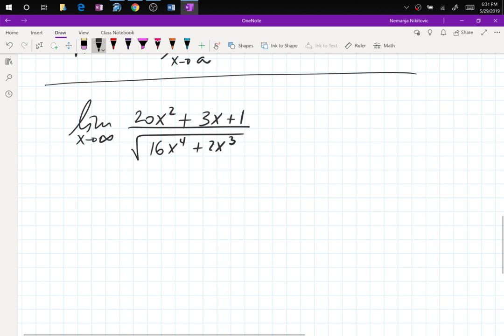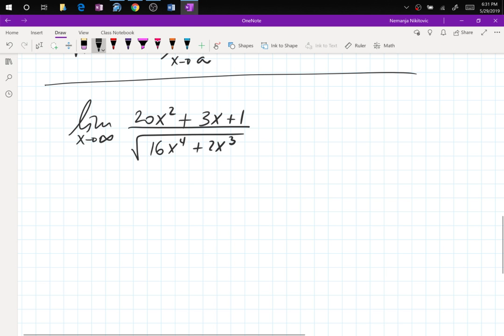So this is one of those limits at infinity. And can anyone help me with this? I'm supposed to divide by the x of the highest degree, and in this case that would be x squared. Good.